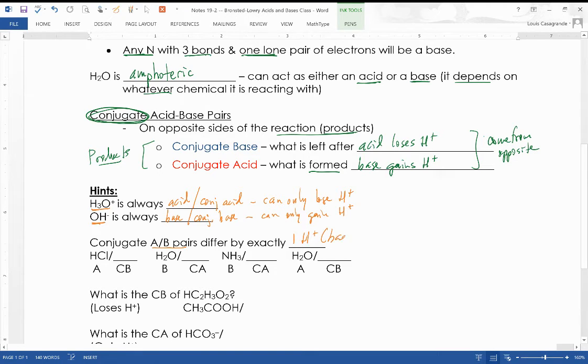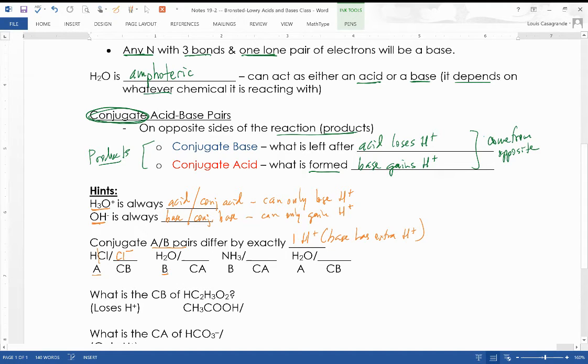The base has an extra H plus. So up above we saw HCl was the acid. We remove that H plus and we make Cl minus as its conjugate base.